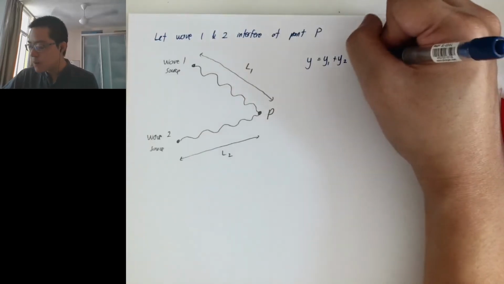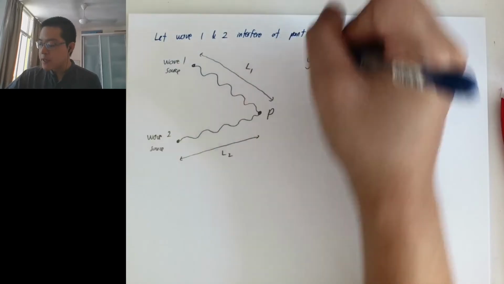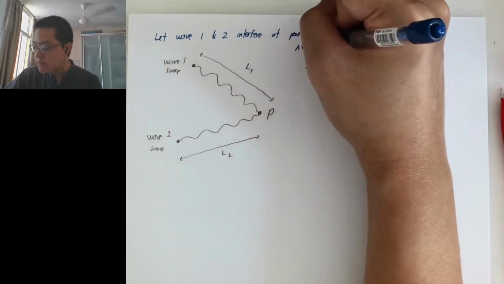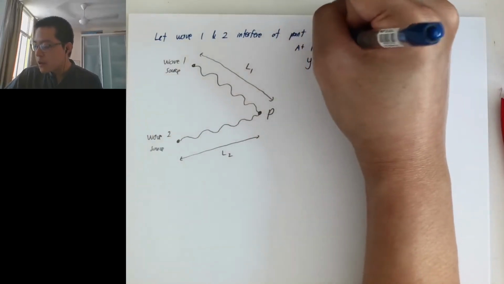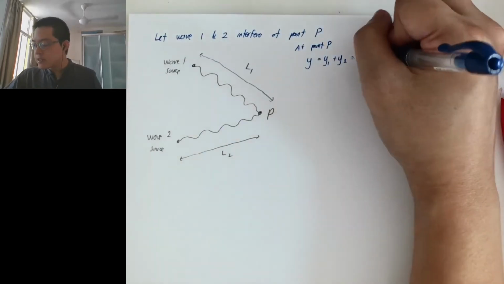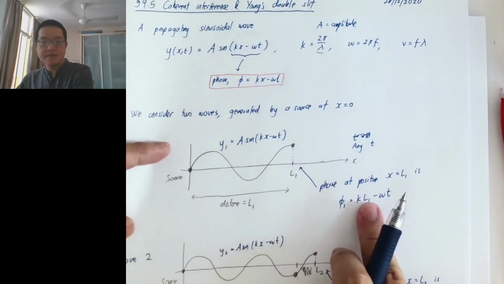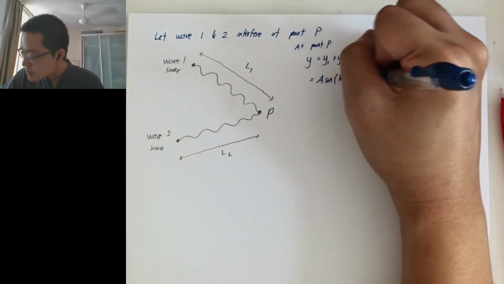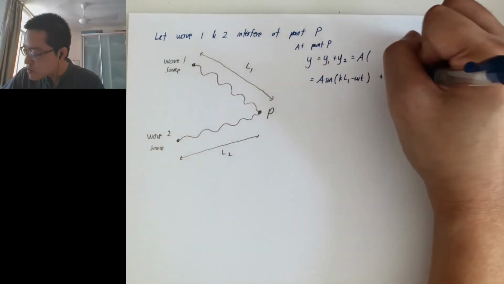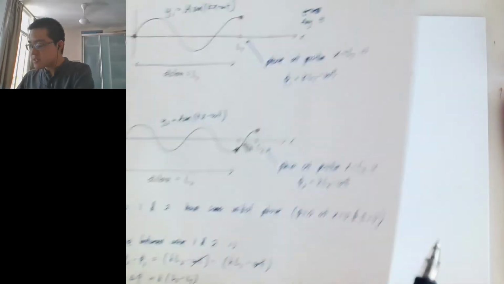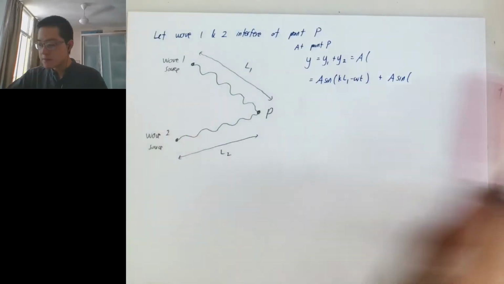We're going to calculate this specifically at point P. So at point P, y1 is A sine of the phase. The phase is KL1 minus omega t. And then for y2, the phase is just KL2 minus omega t.